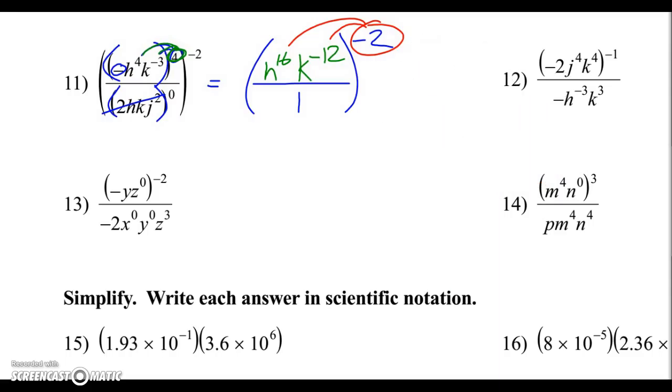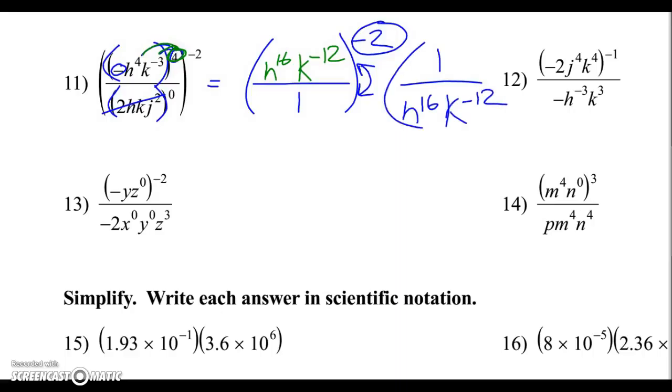Just as a quick reminder, if you didn't want to do that part, some of us liked this little shortcut yesterday. Whenever your entire quantity is to a negative power, you can flip the entire thing. And now it is to the positive second. You're going to find out that we come out to the same answer no matter what we do there.